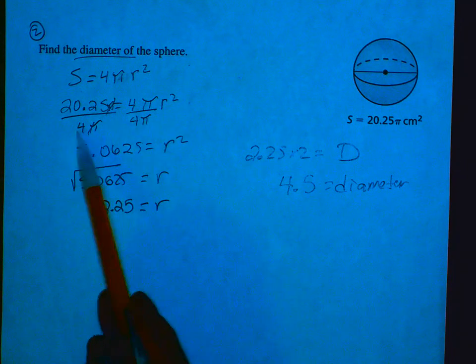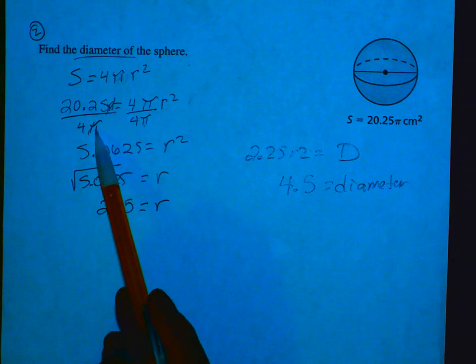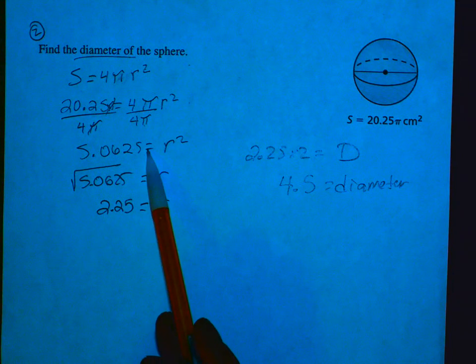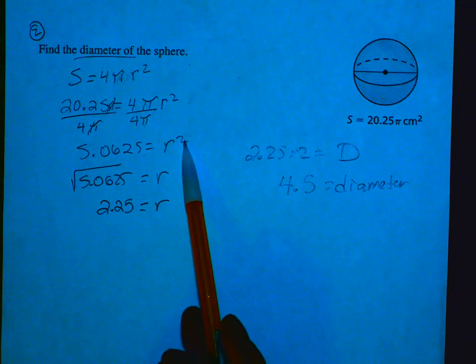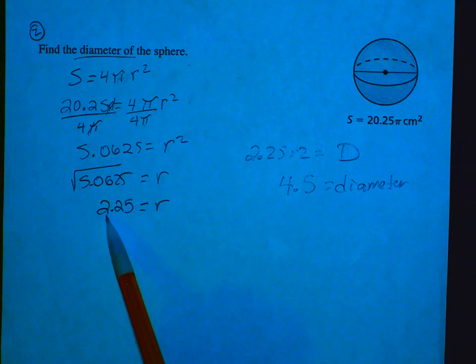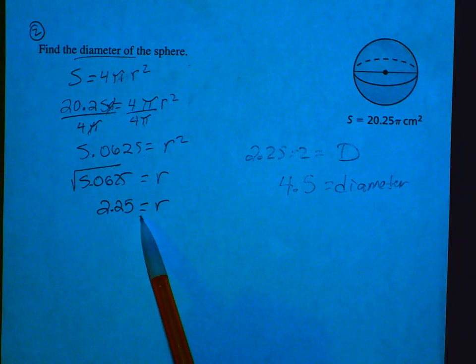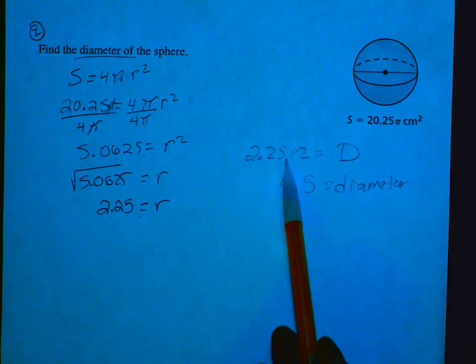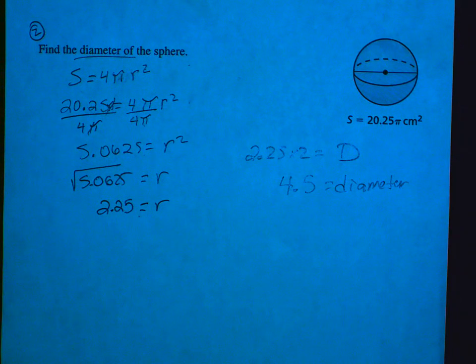You divide both sides by 4 pi, that eliminates that pi and that pi. 20.25 divided by 4 gives you 5.0625, and that is equal to the radius squared. Take the square root of both sides, and you get 2.25. Now, when you double the radius, you get the diameter. So 2.25 times 2 gives you 4.5 in the diameter. And that is example number 2.